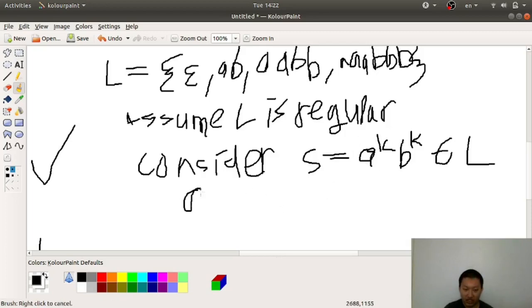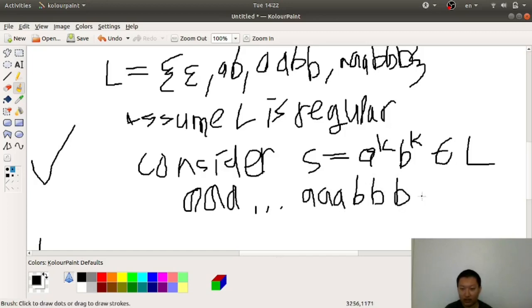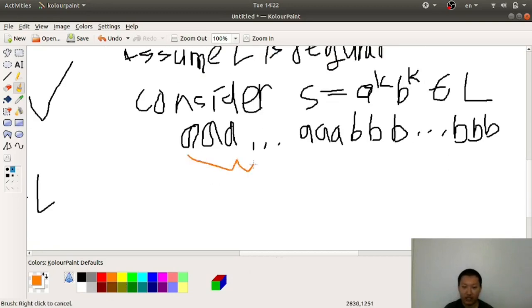So it looks something like this. We have k A's, and then k B's. This is repeated k times, and this is length k.